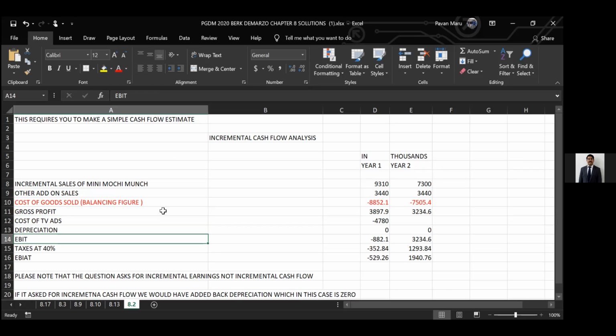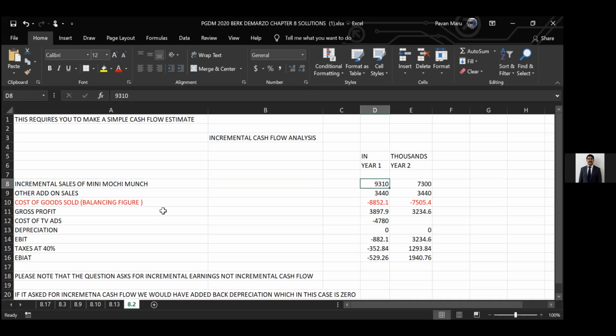So I calculate tax and then I subtract tax from EBIT. So I get my EBAT. That's my net operating cash flow. Earnings before interest after tax. Right. So now let's go with the figures.